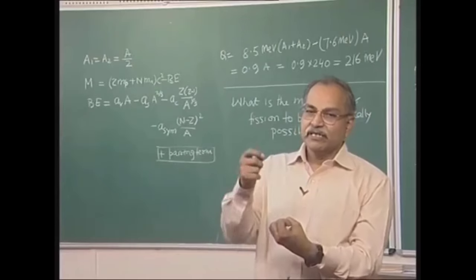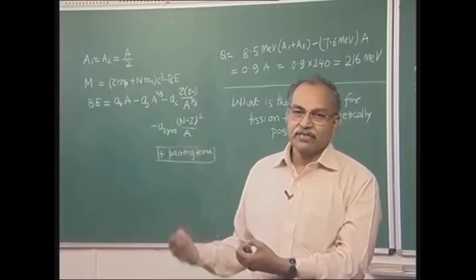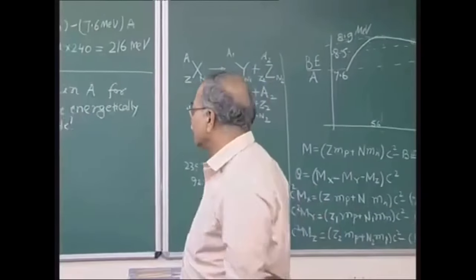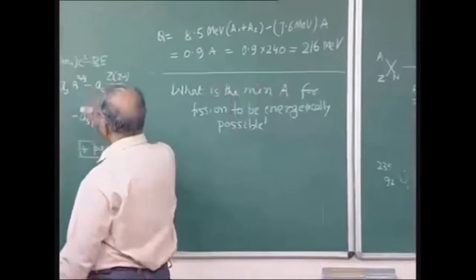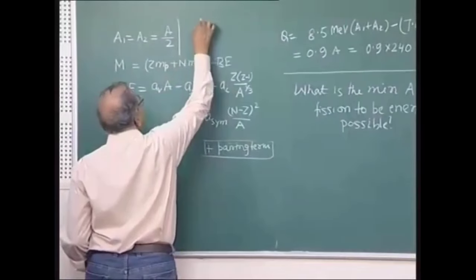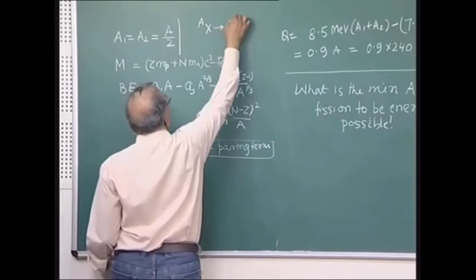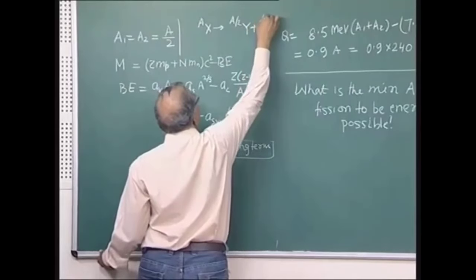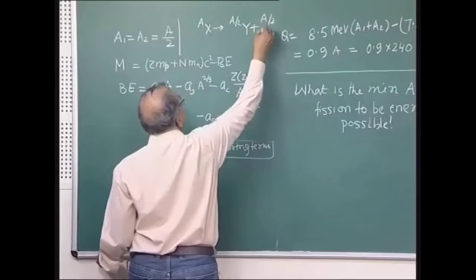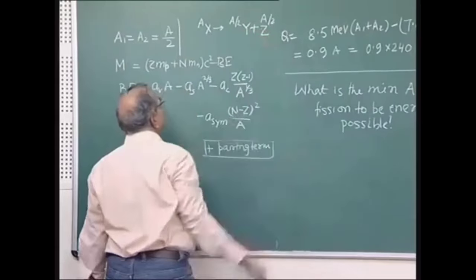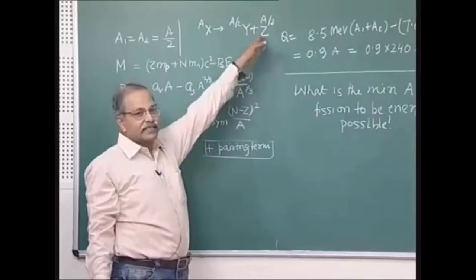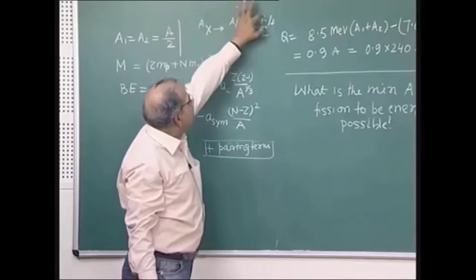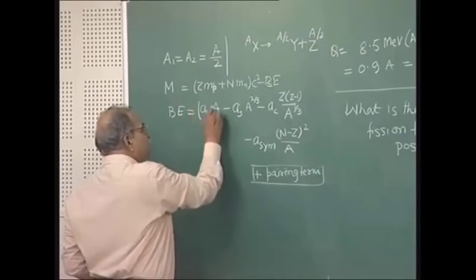So, Av times A by 2 plus Av times A by 2 will again become Av times A. So, that volume term in binding energy is the same in the two situations. So, you have A X going to A by 2 Y and again A by 2 Y, and if there is some difference in proton and neutron number, you can call it Z. So, X going into Y plus Z, where Z is the name of the nucleus, not the proton number. The total A remains the same on the two sides, therefore this volume term remains the same.